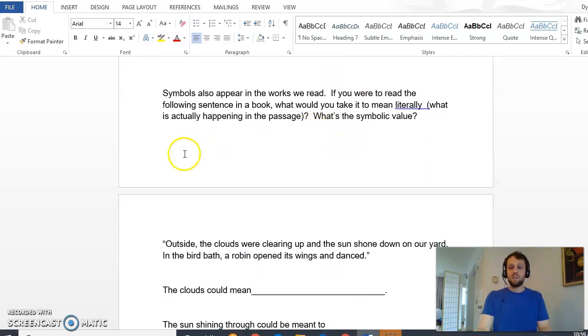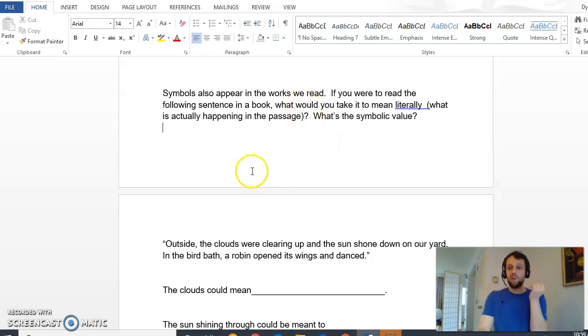So symbols obviously appear also in the works that we read. So I'm going to give you guys a sentence that you see right here. And this is really talking about the process of how do we start figuring out when we're reading something if there is symbolic value and what the symbolic value is.